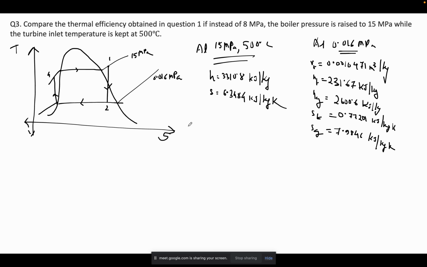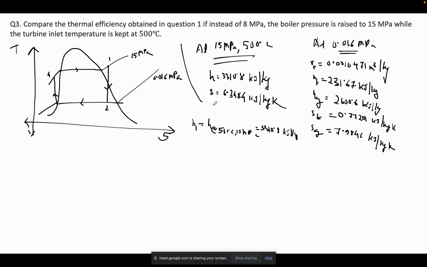Now that means at my point 1 it will change. H1 is nothing but H at 500 degrees Celsius and 15 megapascal, which is equal to 3310.8 kilojoule per kg.